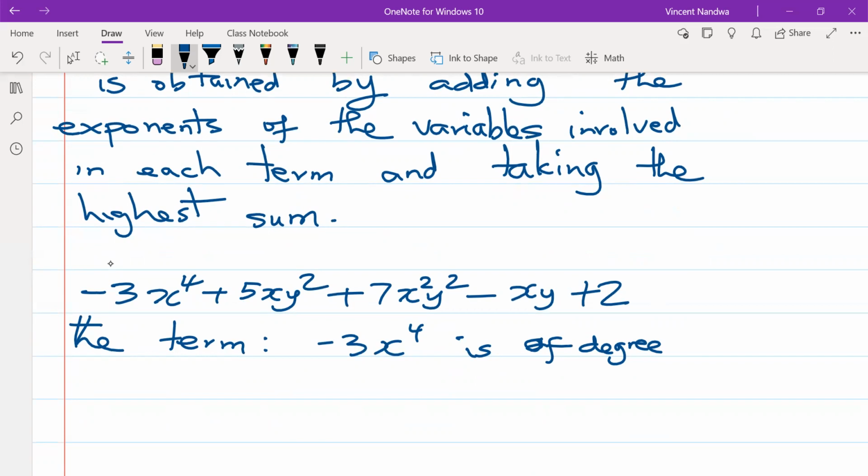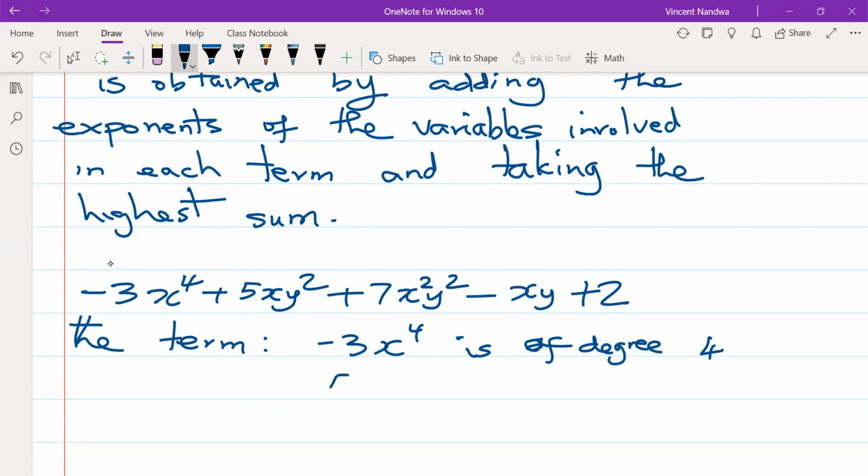For that term, just 1, x. So what is the power of x? 4, so just degree 4.